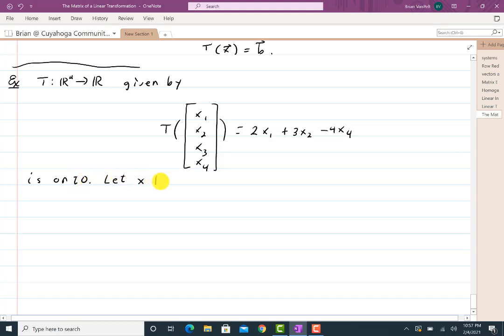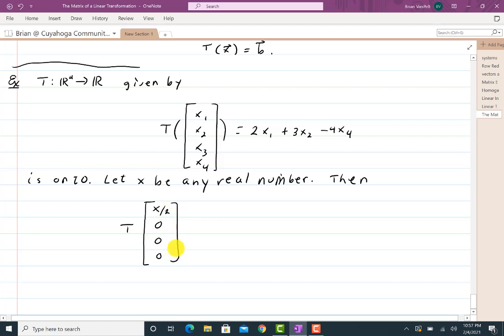Let x be any real number. Then T of the following vector will map to that number. If I put in the first slot x over 2 and zero out everything else, and since x3 is not even listed in the definition, I could actually put anything I'd want in there, but I really don't care.